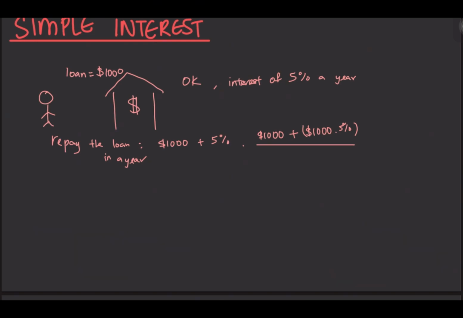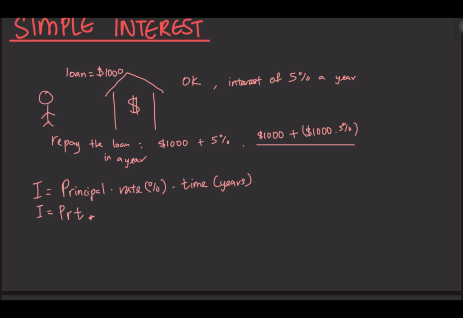Let's say the interest is the principal, which is the amount you borrow, multiplied by the rate that you borrow at in percentage, multiplied by time, the amount of time, usually calculated in years. So if we shorten it up, interest I equals P, principal, times R, rate, times T, time.